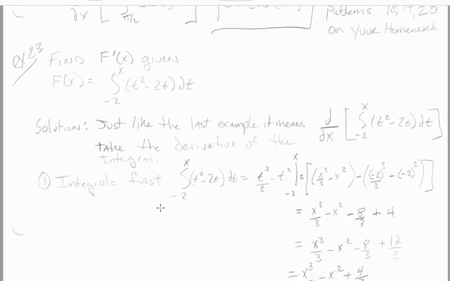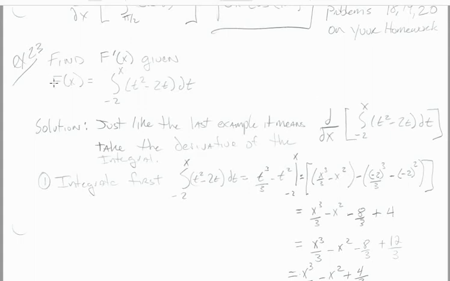Okay? So let's look at example 23. We want to find the derivative of the integral, given F of x equals the integral from negative 2 to x of t squared minus 2t dt. This is telling us to use the second fundamental theorem of calculus. How do I know that?